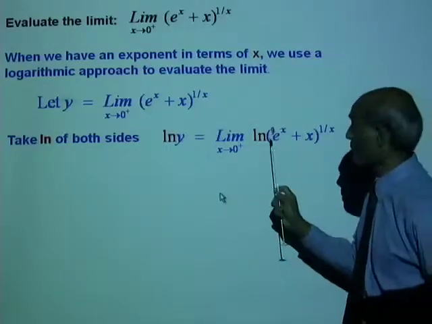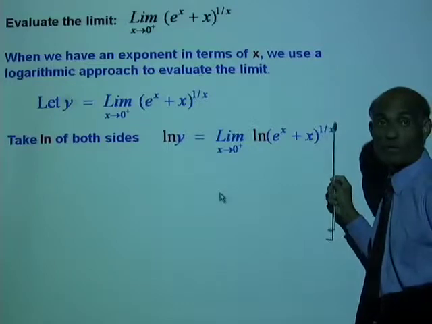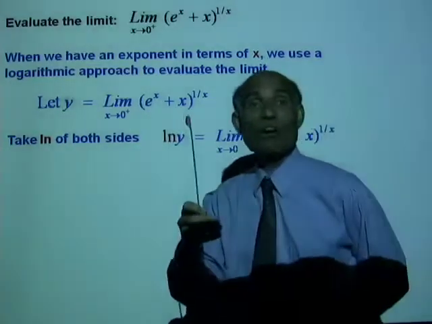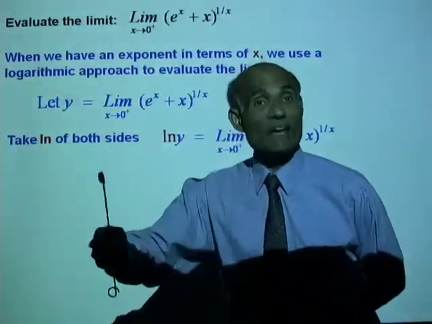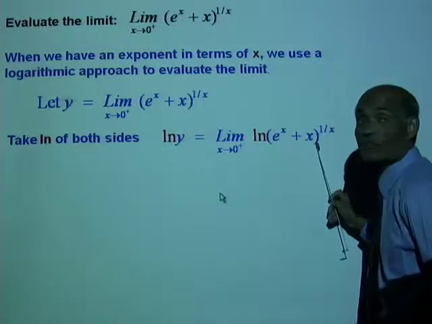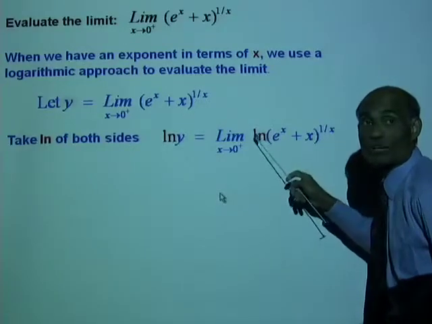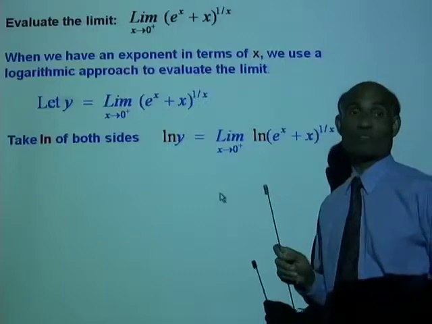Now, when you have ln of a power, remember the power gets multiplied: ln of x to the power of a is a ln x. So ln of e to the power of x plus x raised to the power of 1 over x is 1 over x times ln of e to the power of x plus x.